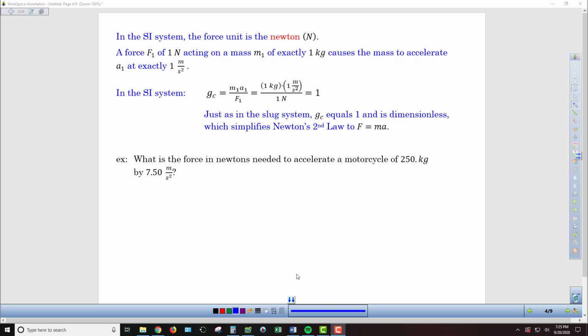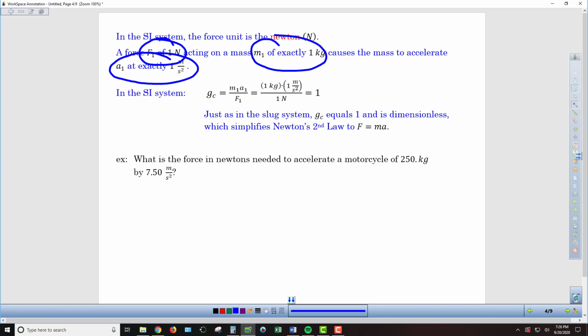In SI units, forces are measured in newtons, mass in kilograms, acceleration in meters per second squared. So the relationship between those three quantities is that, just like with the slugs, if I have a force of 1 newton acting on a mass of 1 kilogram, it's going to cause that mass to accelerate at exactly, I've written over it here, but 1 meter per second squared.